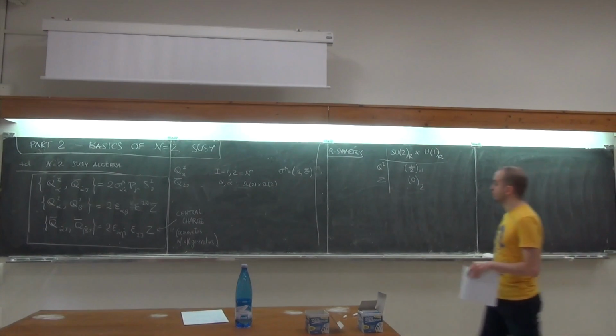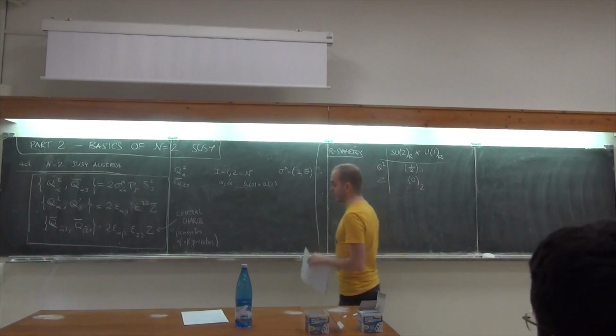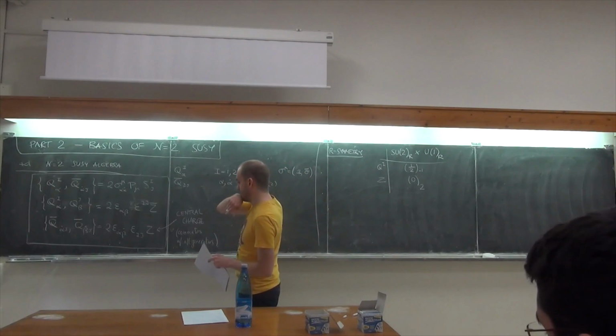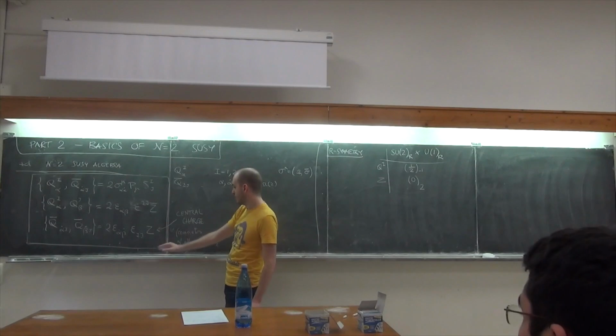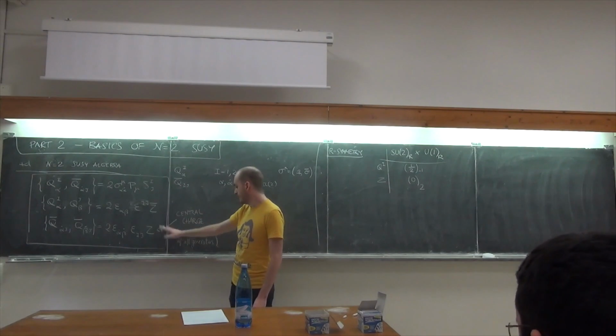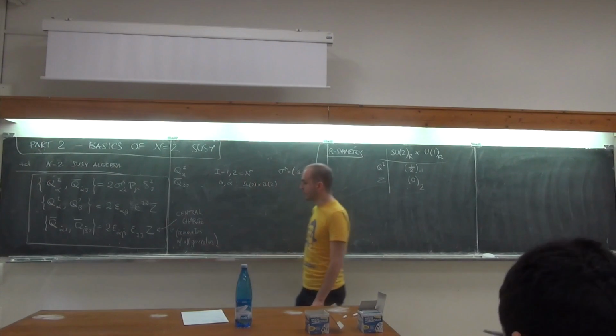So, as I said, within any multiplet, which is some irreducible representation of the supersymmetry algebra, we can diagonalize Z, the central charge, because it commutes with everything.